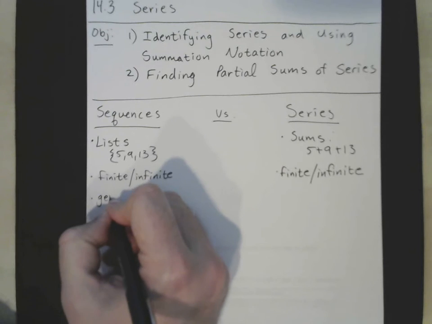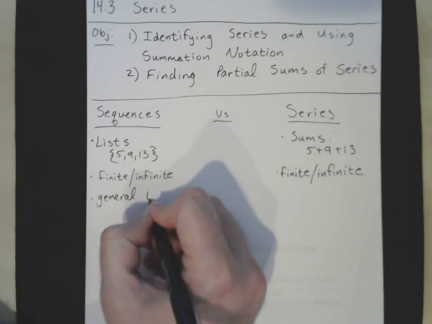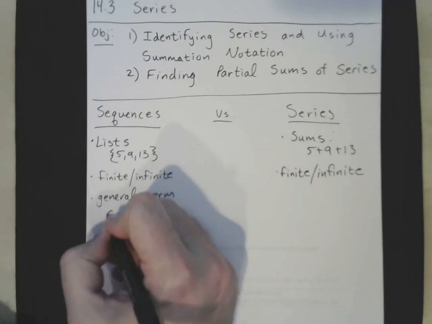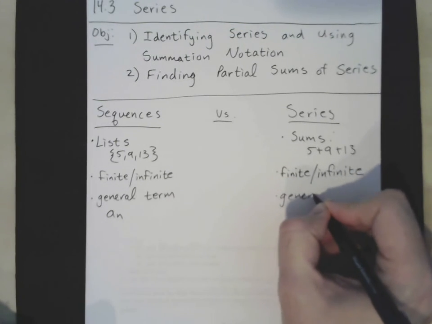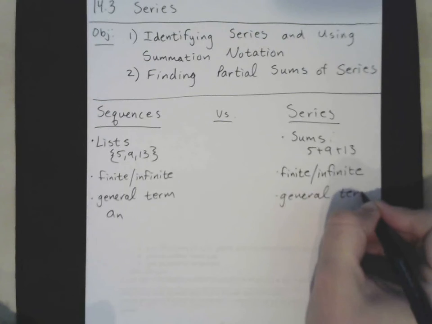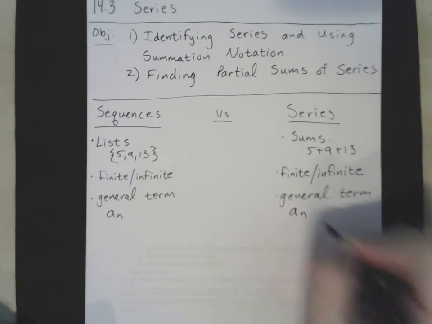A sequence has a general term a sub n. A series has a general term of a sub n.